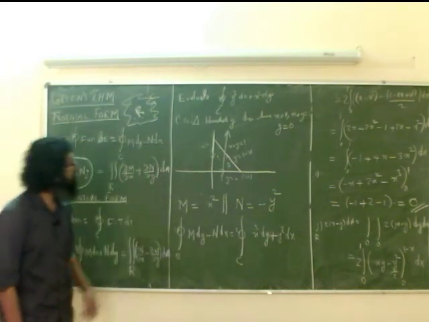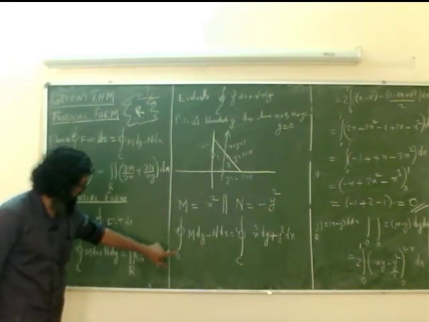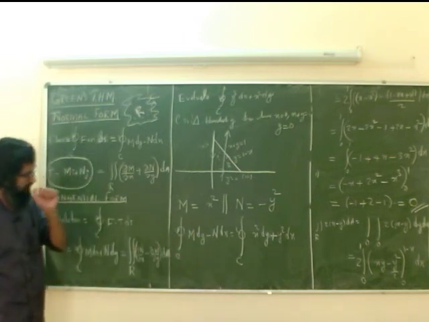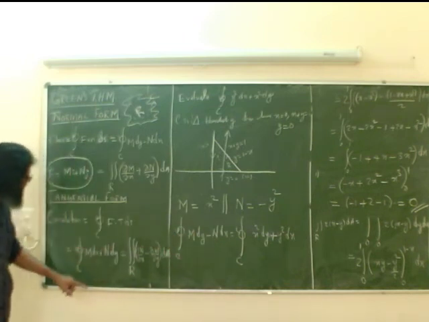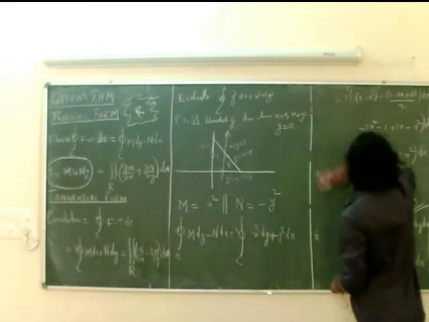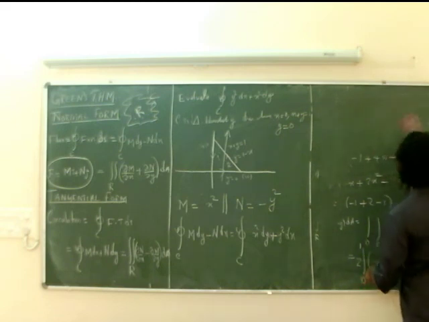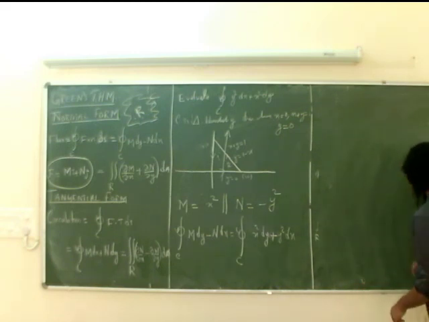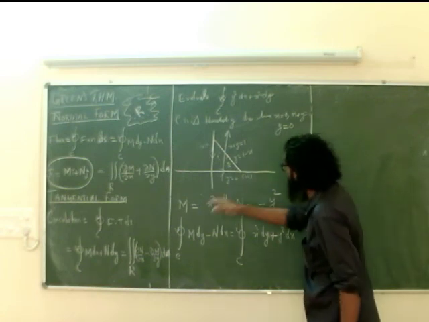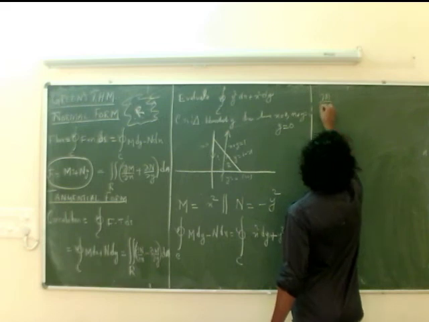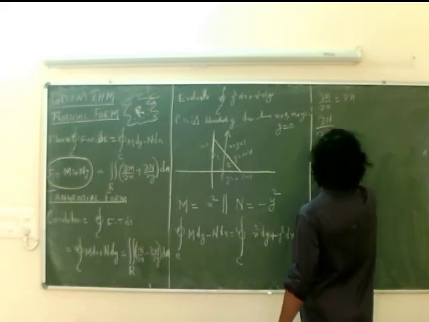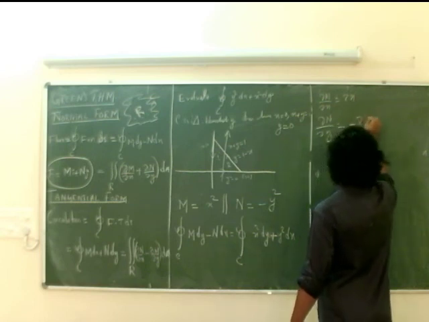So I can view my given integral as the integral over C of M dy minus N dx as well. By Green's theorem, this is equal to the double integral over this quantity. Let me do that. I have dou M by dou x is 2x, dou N by dou y is again minus 2y.